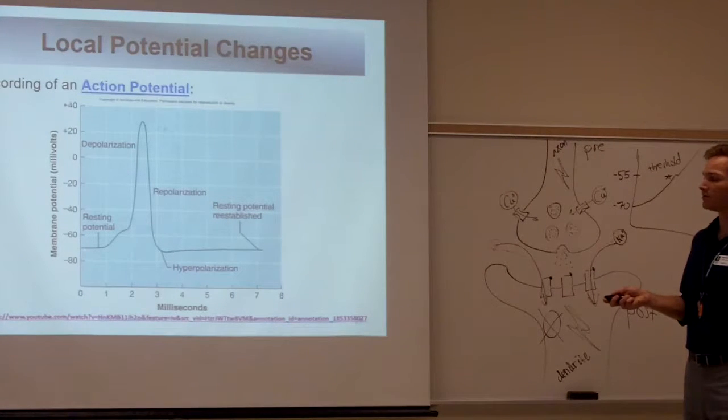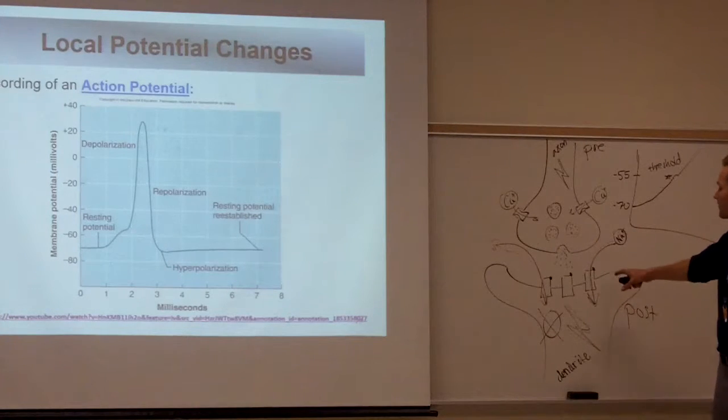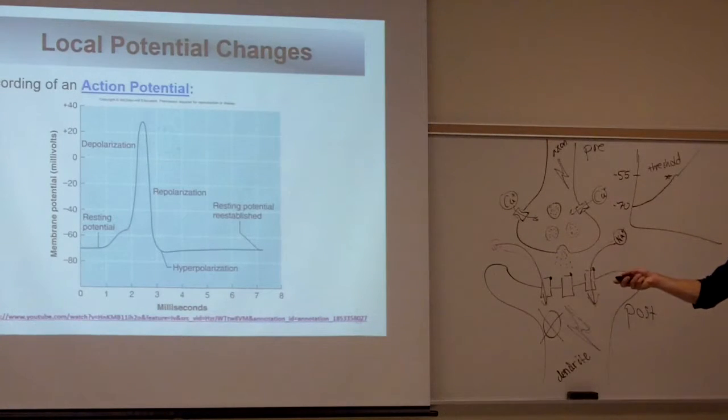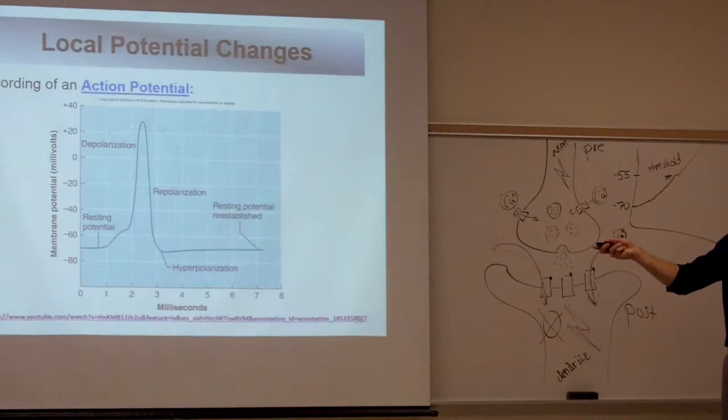Negative 70 is your starting voltage, and that's also known as your resting potential. Once that neuron gets hit with enough sodium or excitatory neurotransmitter, and it gets to, what's that number again? Negative 55, then the threshold is reached, freak out moment occurs, okay, and we shoot all the way up to positive 30 every time, okay?